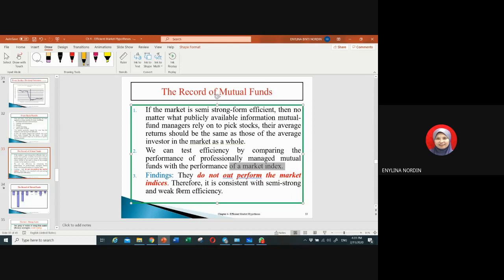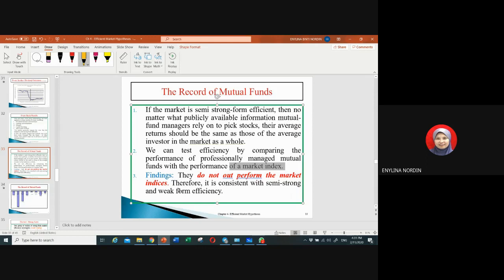When the market is in the weak form, semi-strong form, and strong form, we know that the stock's price will always be at a correct price, or a fair price. So that means the investors can only make a normal profit.